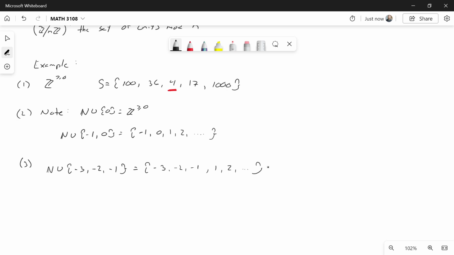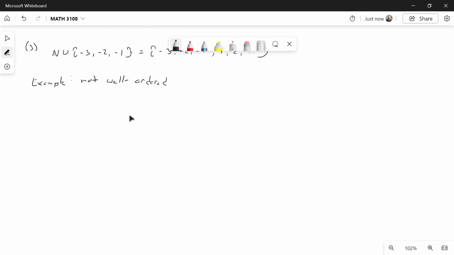All right, so let's look at a couple of examples where it's not going to work. So not well ordered. And again, let's just bring this up a bit. So we'll look at two examples here. So the first example is going to be the real numbers.